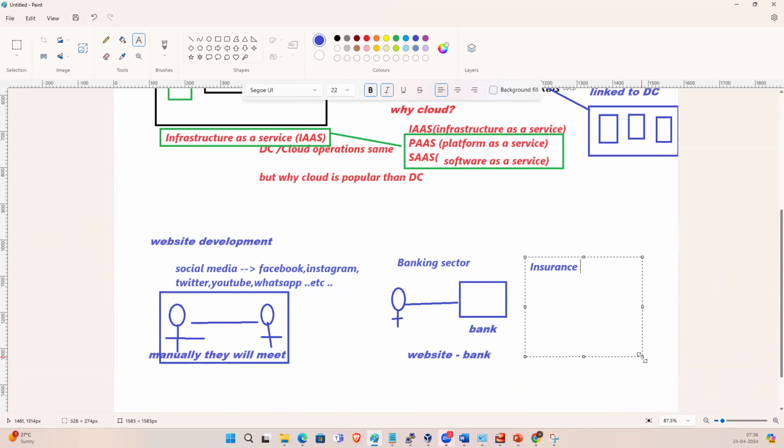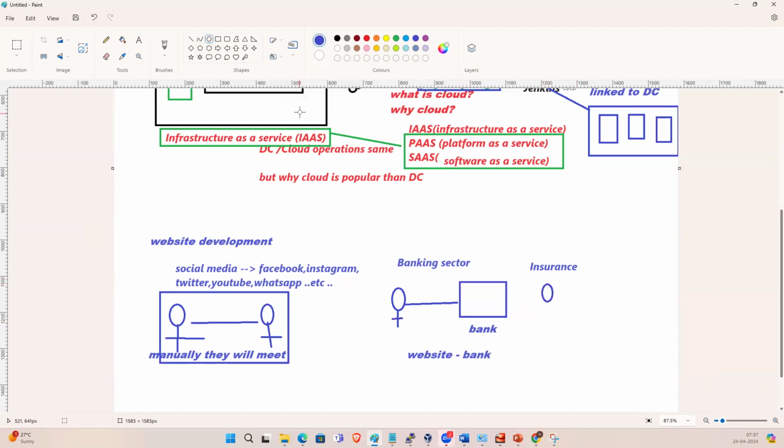The same way for insurance, whatever it may be, guys. Life insurance or health insurance. Before, there was no website for insurance either. Manually, the agent comes to you, takes your signature on the papers, and pays it in the insurance offices.